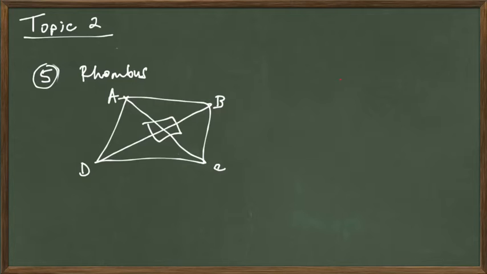If you remember that, let's say I named this part in the middle right here G. Angle AGB equals 90 degrees. So does angle BGC, it equals 90 degrees. And so does angle DGC.